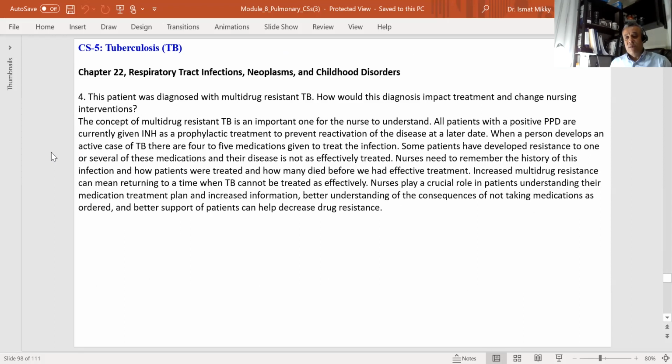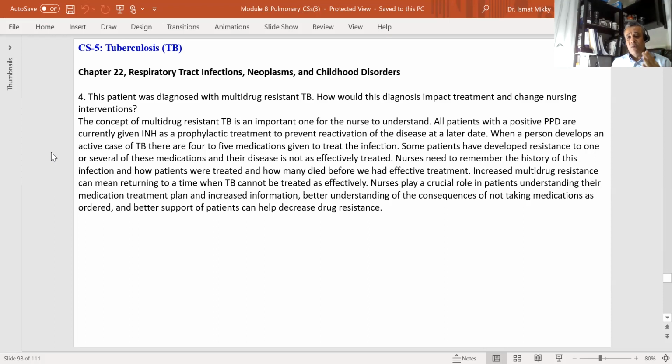How would this diagnosis impact treatment and change nursing interventions? That's another question that pertains to pharmacology. TB is usually treated with a course of 4 medications.